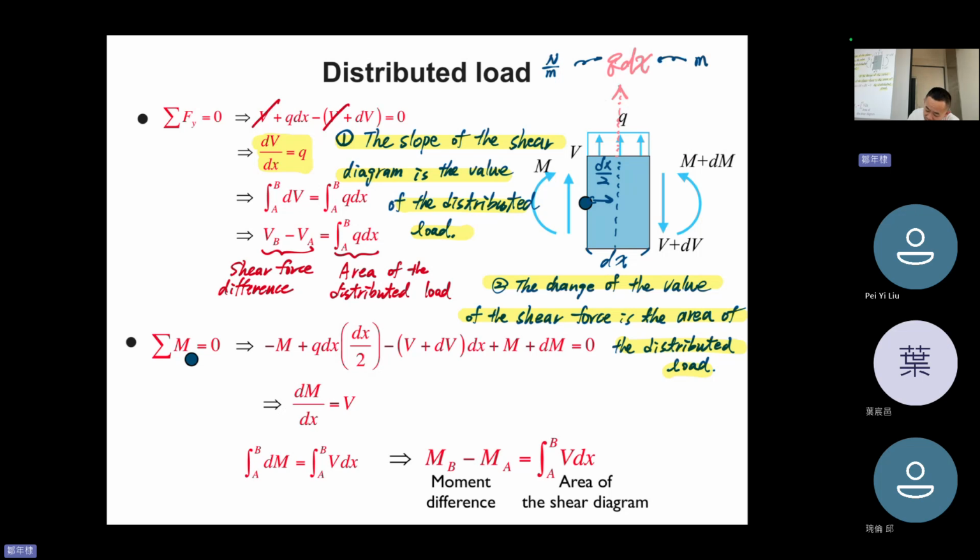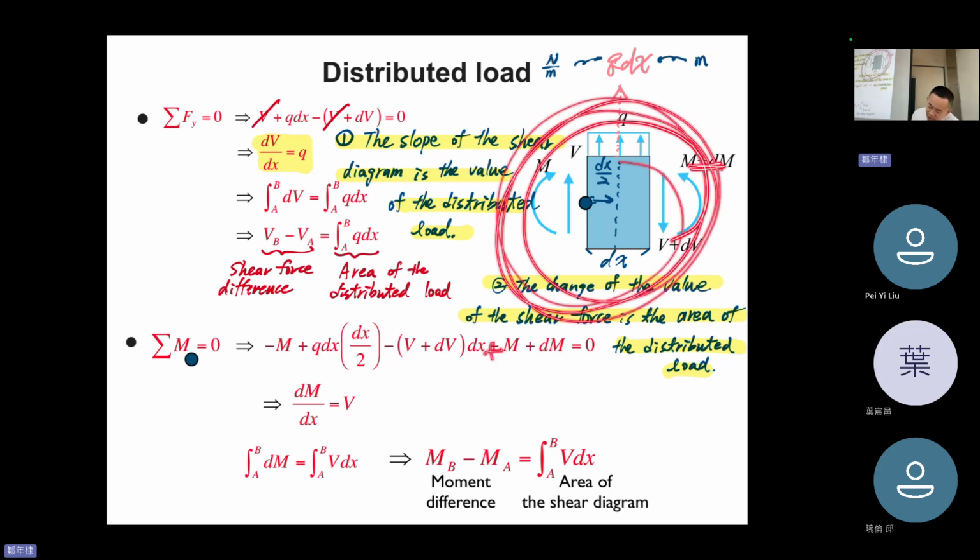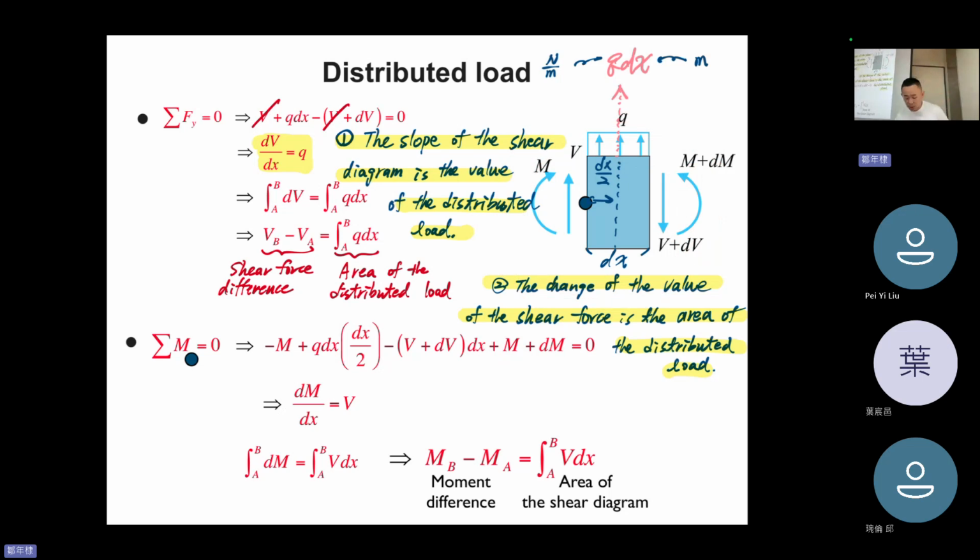And V plus dV is clockwise, so it's minus V plus dV times dx. M plus dM is counterclockwise, so it's positive, M plus dM, equal to 0.